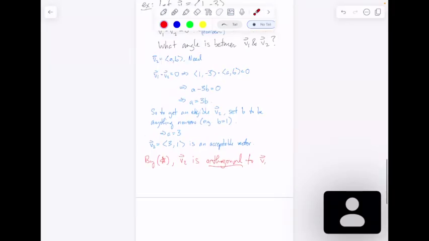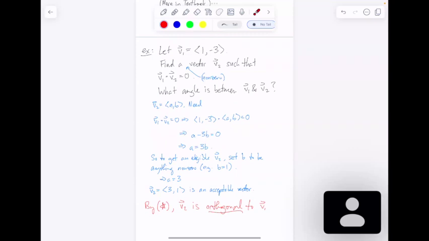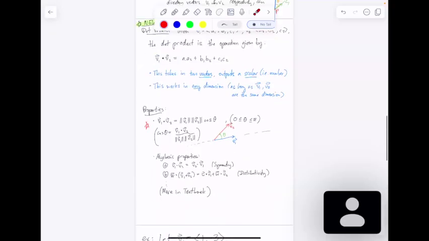This is a 2-dimensional example, but this property of dot products works in any dimension. Basically, in 3 dimensions, if I take 2 arrows, then visually you could confine these arrows to a plane, a 2-dimensional surface, and then the angle would just be with respect to that 2-dimensional surface.